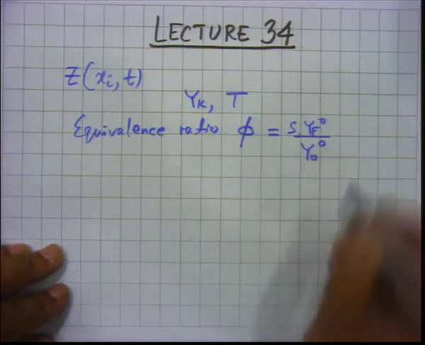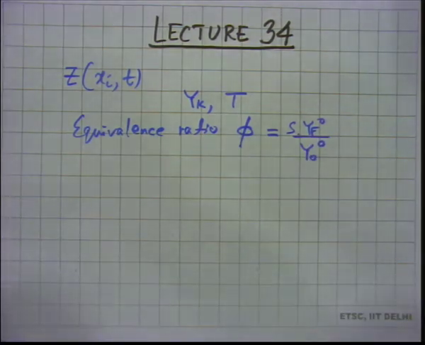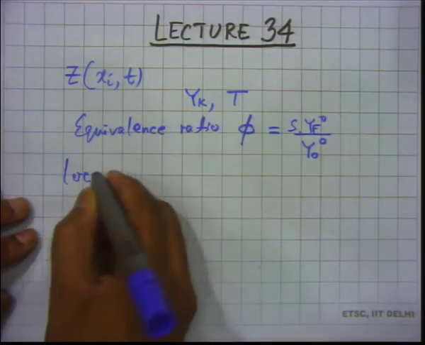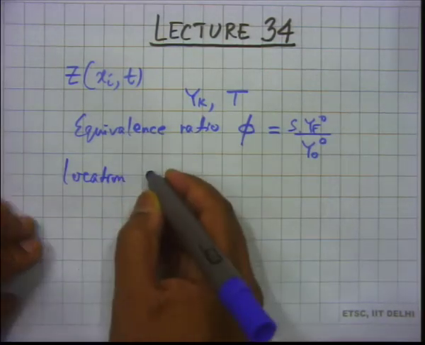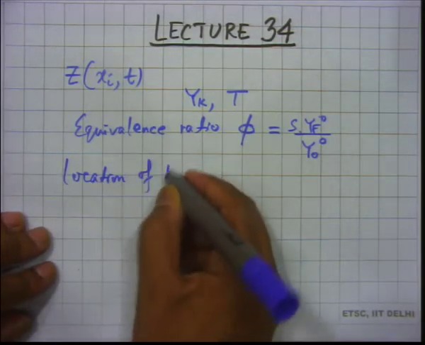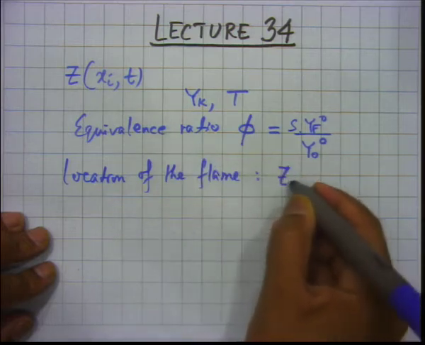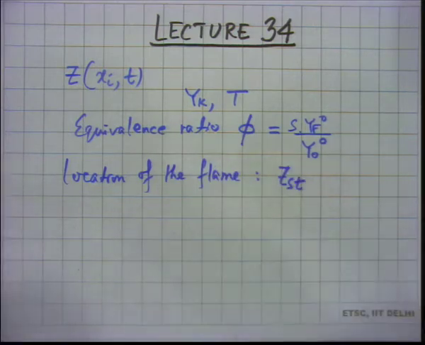Okay, and we were discussing, I think towards the end of the last class, about the location of the flame, and I told you the location of the flame is given in terms of the mixture fraction. It's ZST, and ZST is Z stoichiometric. So I said that the flame will be at the stoichiometric value of Z.